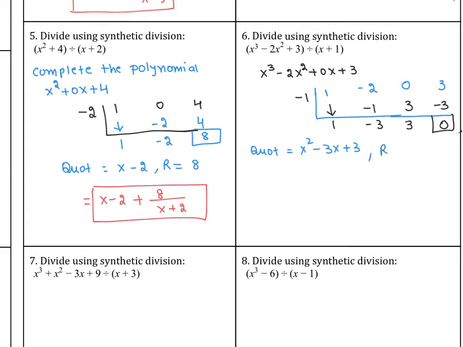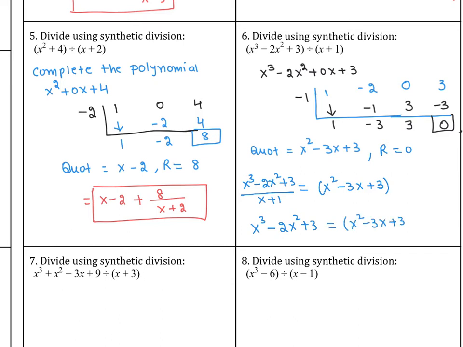Remainder came out 0. Now the polynomial function is quotient plus remainder over divisor. So since remainder is 0, you can simply see that when you divide x cubed minus 2x squared plus 3 by x plus 1, it simply is x squared minus 3x plus 3 times x plus 1.